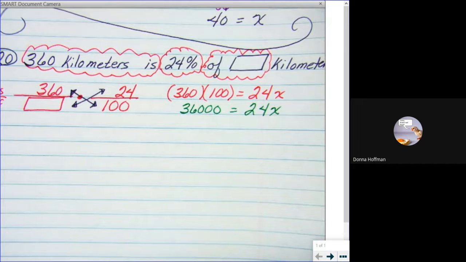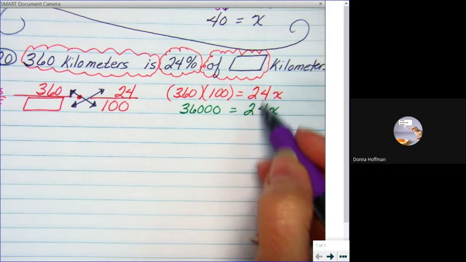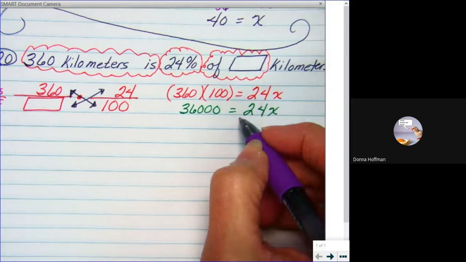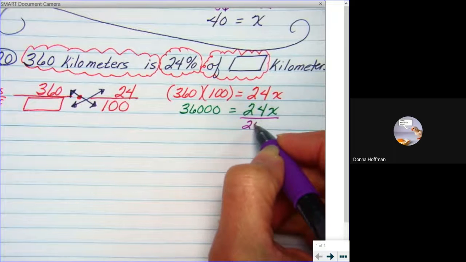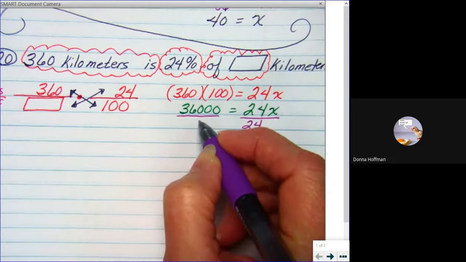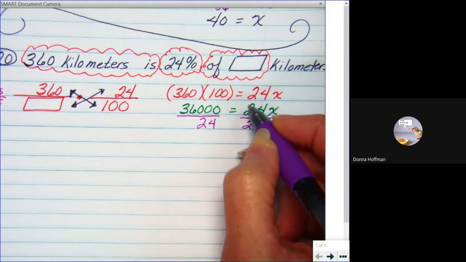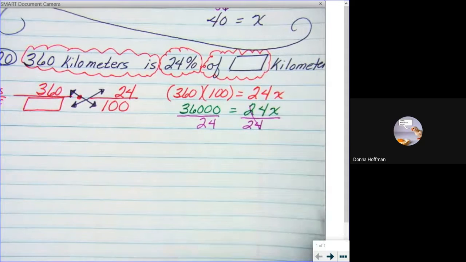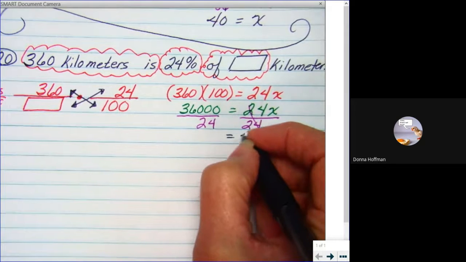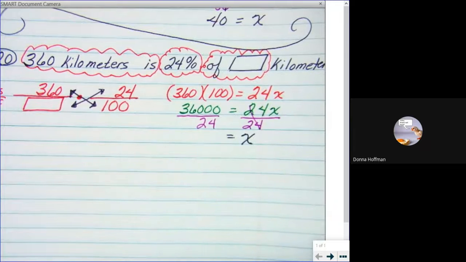Oh, you're going to get a different answer if you change this. It's 24x. What did you get? 1,500.